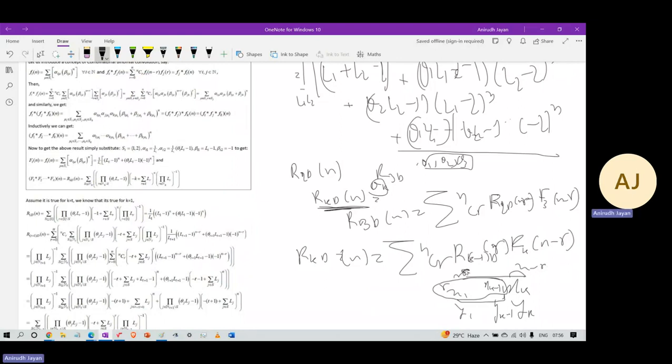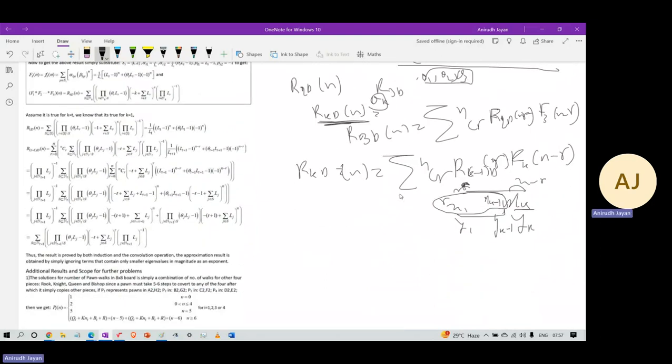If it moves in r moves in x1 till xk-1, it must move n minus r in the kth component. So we get the following.